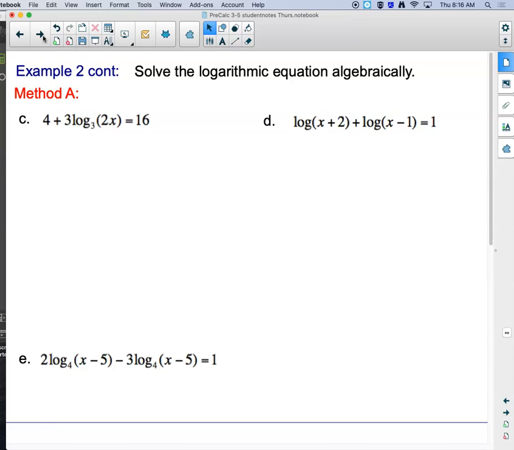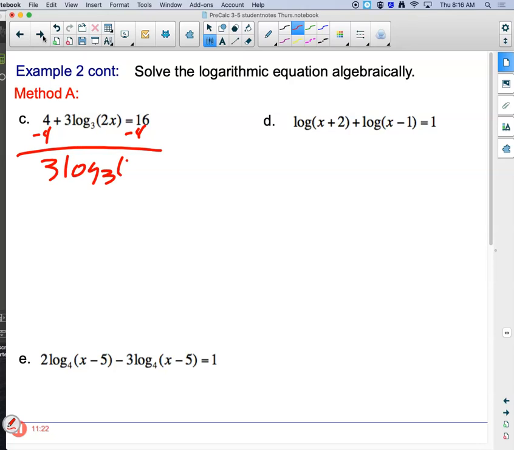So example 2 says, let's use that method A. So solve the logarithmic equation algebraically. And method A was all about condensing, doing whatever we have to do to get a logarithm by itself on one side, and then exponentiating. So we'll subtract 4 from both sides. And then we'll divide both sides by 3.